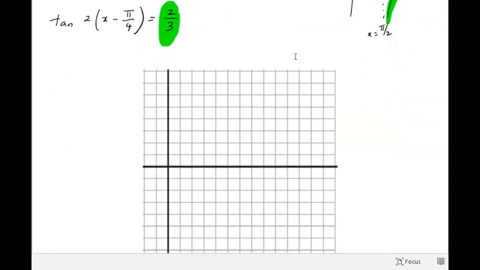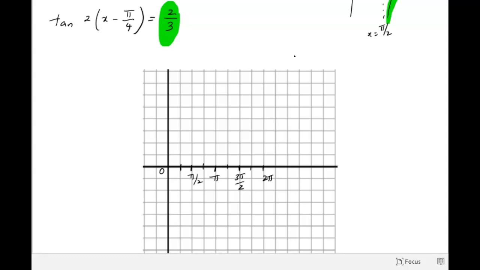So we're going to have 0. How many boxes do I have? I've got 1, 2, 3, 4. Obviously I'm not going to be able to fit it, so we're going to take each box as pi on 4, so that's going to give us pi on 2, pi, 3 pi on 2, and 2 pi.